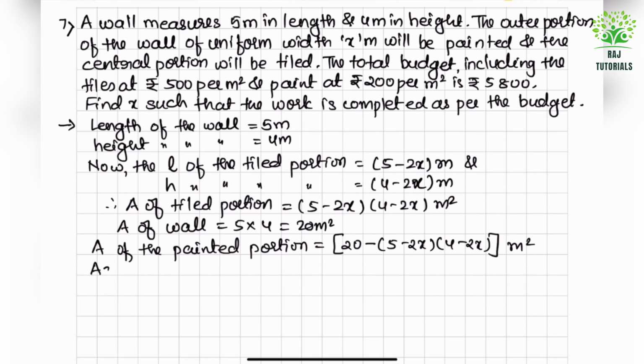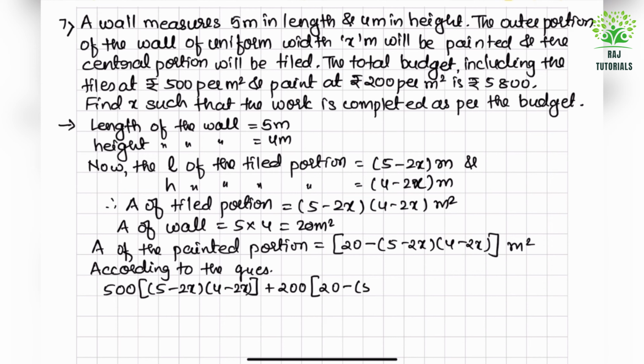So, according to the question, 500 into (5 minus 2x) into (4 minus 2x) plus 200 into [20 minus (5 minus 2x) into (4 minus 2x)] equal to 5800.